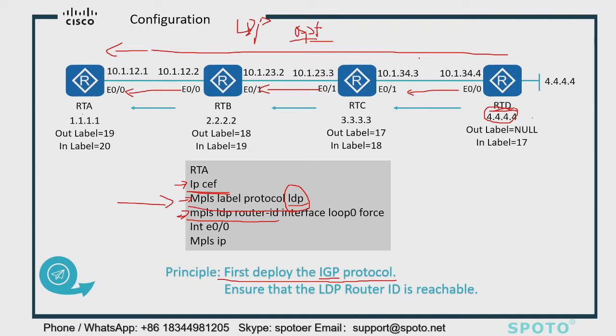And for this one, we actually use the loopback IP address to configure the router ID. It means I will use the IP address of Loopback 0 to be the router ID of RTA, RTB, RTC, and RTD. And the first key point here we must know: we must ensure that the LDP router ID is reachable.